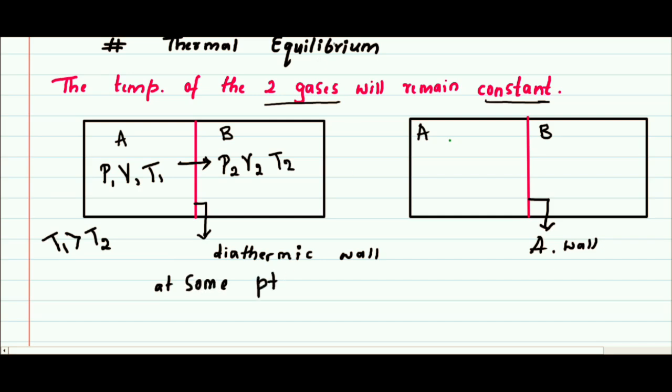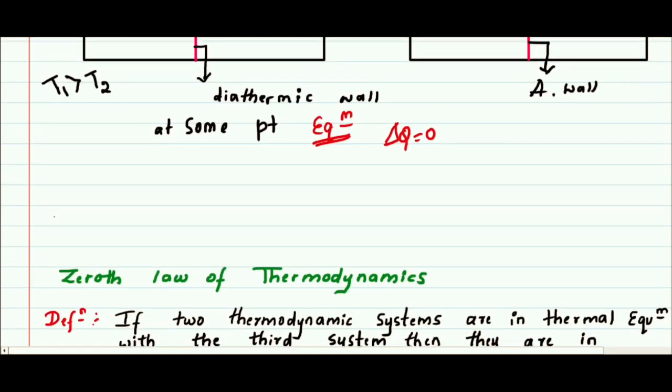That is thermal equilibrium, which means the temperature will remain constant and there will be no flow of heat, that is delta Q will be equal to 0 at some point. So this is nothing but thermal equilibrium when we have taken a diathermic wall. Here the temperature will remain constant and we can say that it has attained equilibrium. Here temperature T1 is equal to temperature T2, which is equal to temperature T.